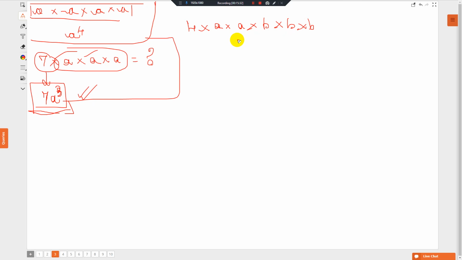Same as before, write the number first. Then group the different letters separately.